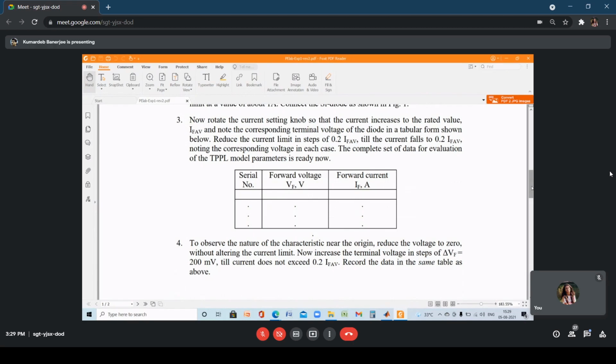Because if I increase it in steps of 0.2, we'll get hardly 2 points, 0 and 0.2. When it goes to 0.4, the diode will conduct. So for the Schottky diode, we'll pick up points of 0 volt, 0.1 volt, 0.2 volt, and 0.3 volt. So in both cases, we have 4 such points for the second region, from which we'll find a straight line curve fit. Clear?